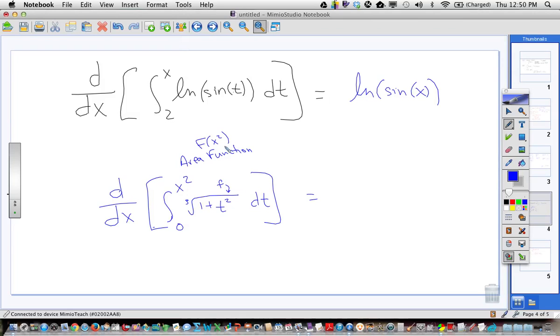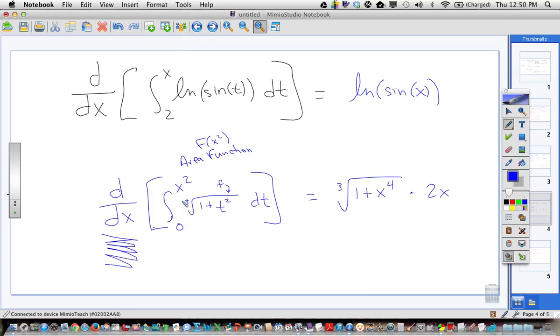So how do I do a derivative, which is what they're asking me for, with something on the inside? I just keep the inside the same, which means I plug the x squared in for the t. So I would do cube root of 1 plus x to the 4th, and then I tack on the derivative of the inside.